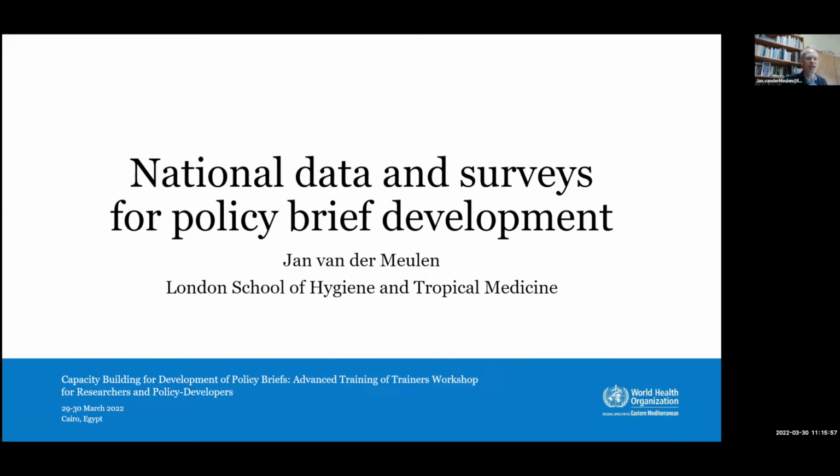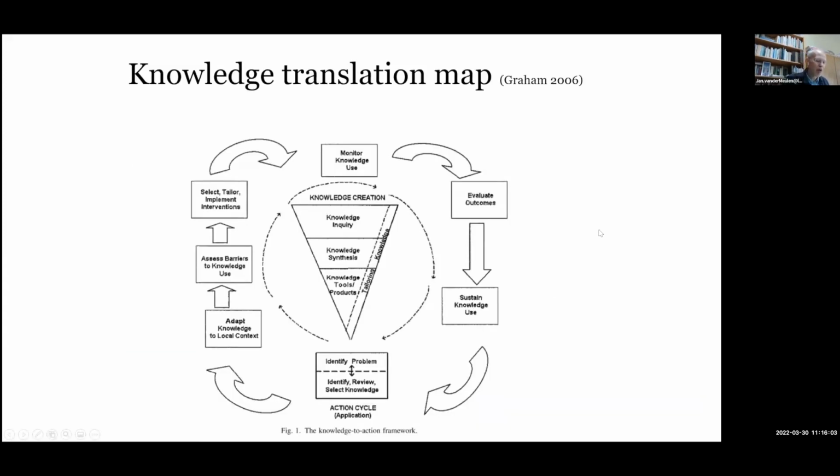So let me go to the next slide. In terms of where national surveys can play a role, I'll still like to use the knowledge translation map that came about 20 years ago, demonstrating that if you want to go from evidence to knowledge and implementation, you have to think about maybe about 2 steps.